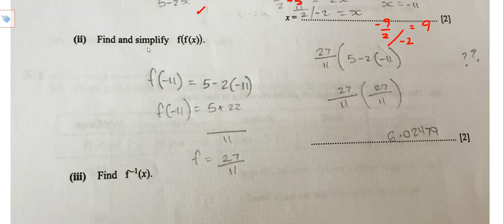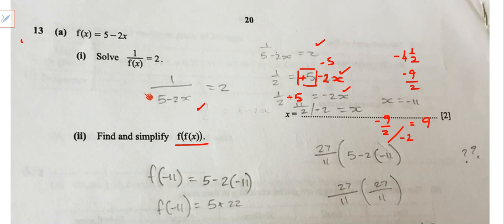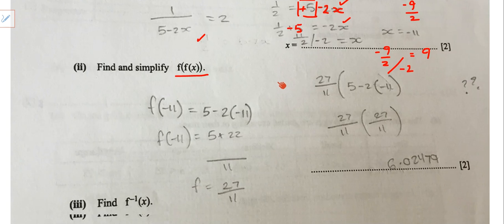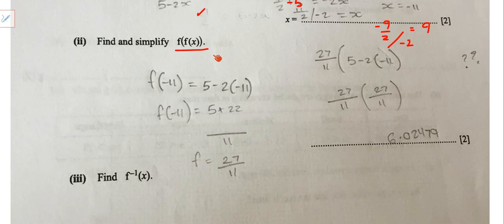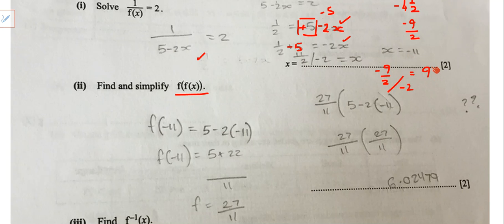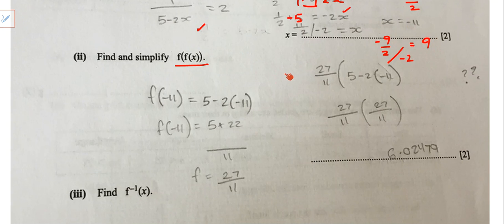So we've got find and simplify f of x. So at this stage you've not actually been given a value for x. You've got your value for x, you've used it, but I would be saying find f of x, not f of 9 or 11, which is what you used.